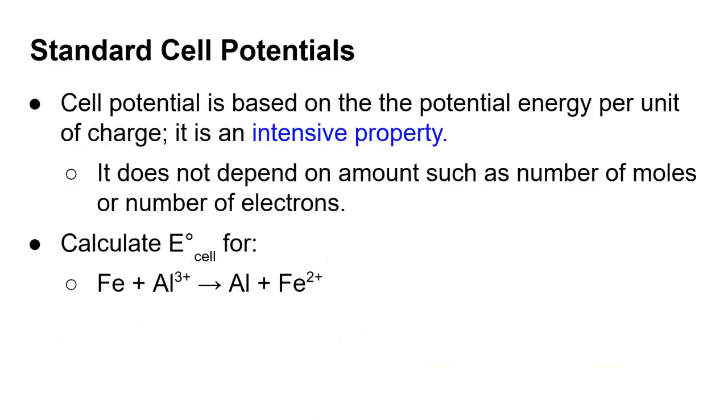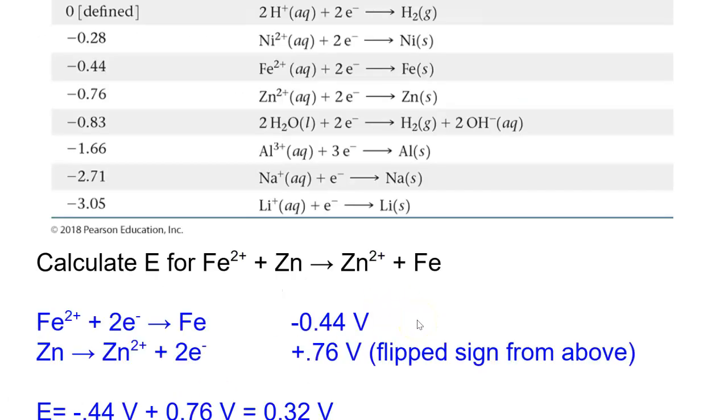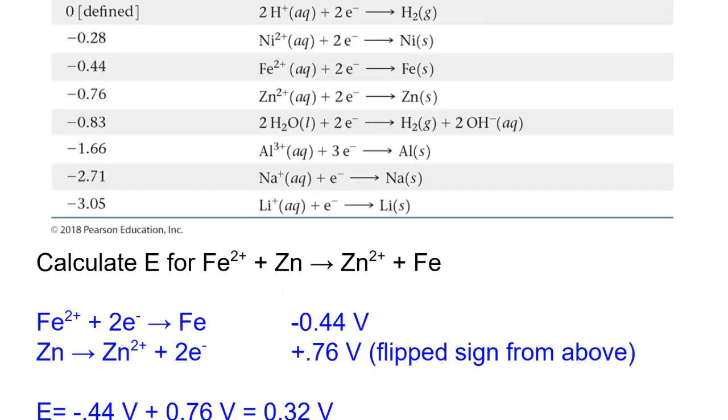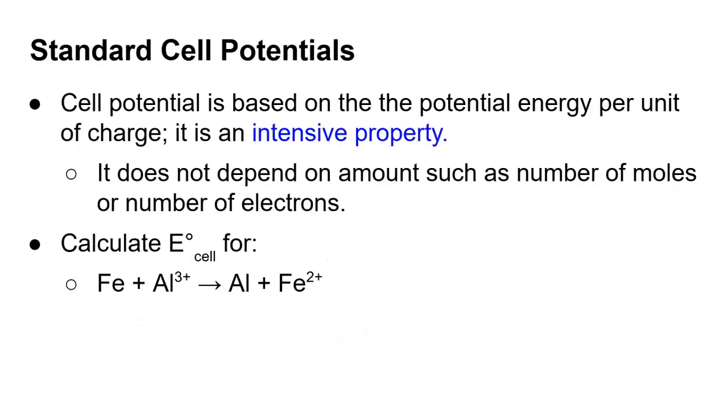So 0.44 would be your iron half reaction, and then you have Al3 plus plus electrons going to aluminum, and that would be just written right off here, negative 1.66. 0.44, which was the flipped one, plus negative 1.66, so negative 1.22 would be your E degree. Again, that degree just means you're under standard conditions.